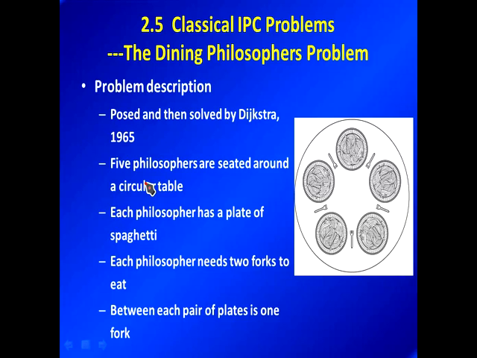Of course, there are some other classical IPC problems, but if you can understand how to use semaphores to handle these 3, the PC problem, dining philosophers problem, and reader-writer problem, I believe you can solve the other IPC problems too. So now let's check the problem description of the dining philosophers problem.